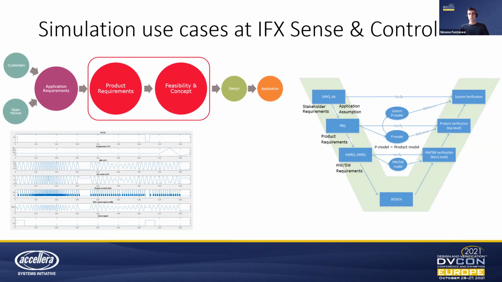And this model is refined along the V process, adding more and more details and moving from high-level languages like SystemC AMS, to more hardware-friendly language like VHDL or Verilog. And then what we do is we use this model in the test cases from the application to see if the behavior of the device is as expected.